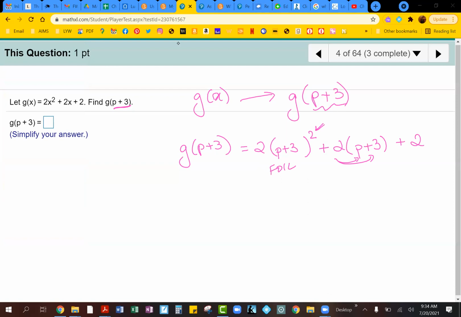So I'm actually going to do the FOIL part on the side. We've got p plus 3 to the second power, which of course is p plus 3 multiplied into itself twice. And then remember, with FOIL, you do the first terms, the outer terms, the inside, and then the last terms. So what will that end up giving us here, guys, when you complete the FOIL?